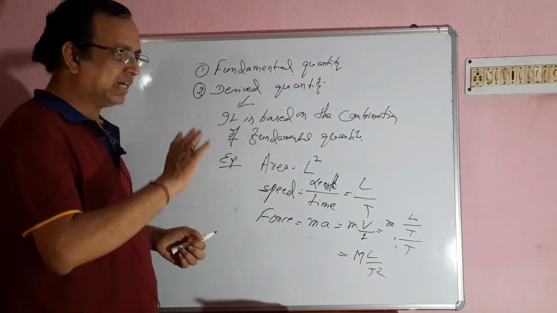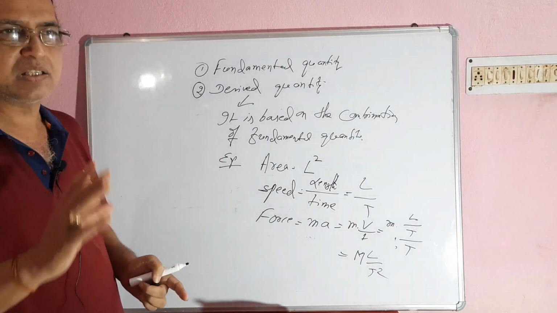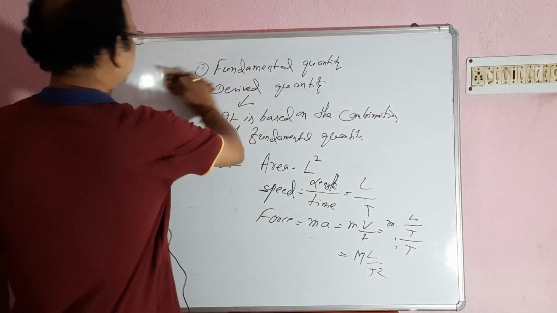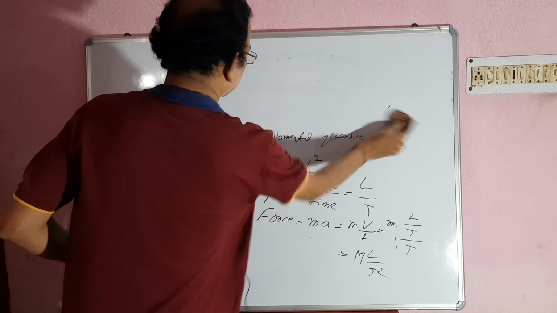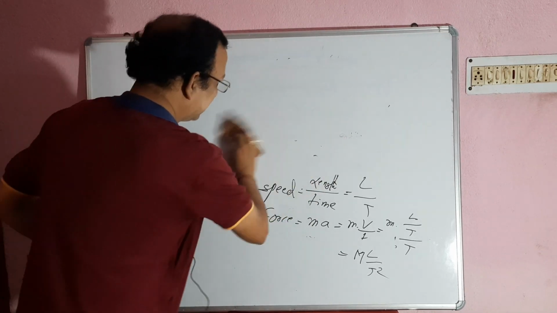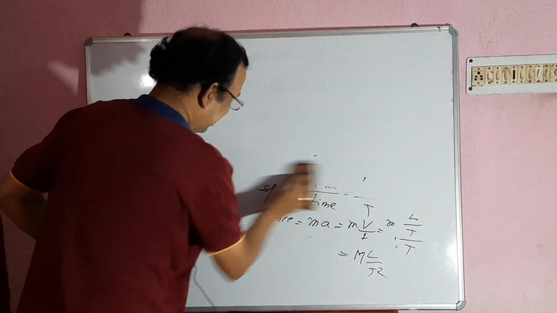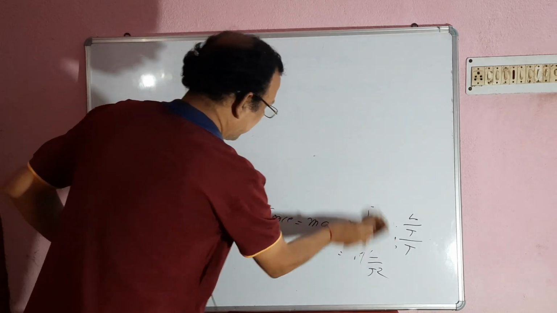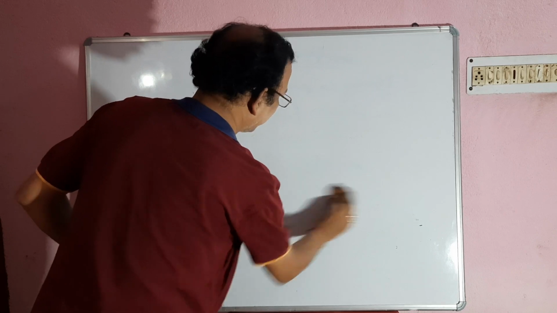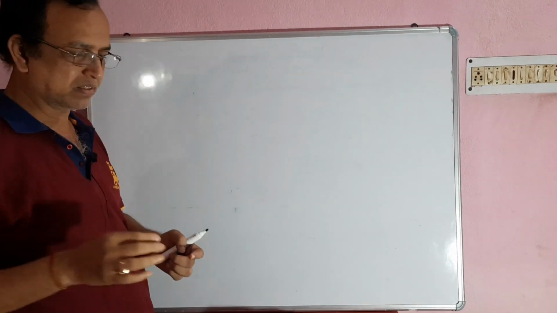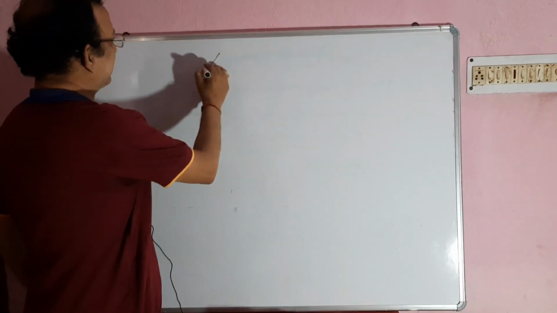Now dimensional analysis. What are the dimensions? For dimensional analysis of a quantity, we mainly use three letters for three quantities.